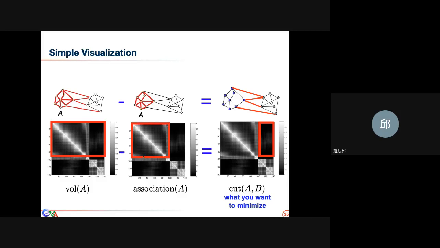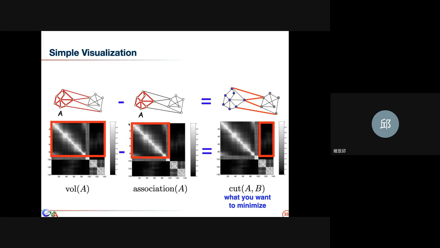Intuitively, this part describes the pairwise distance between all the data points in the set A. This part only contains the pairwise distance between all the data points in the set A.